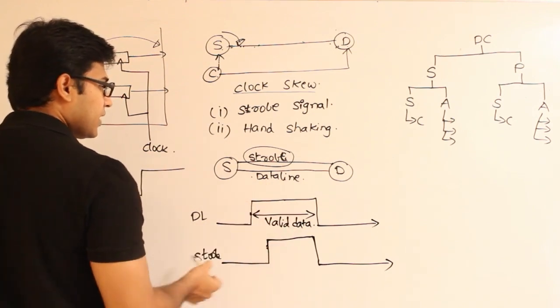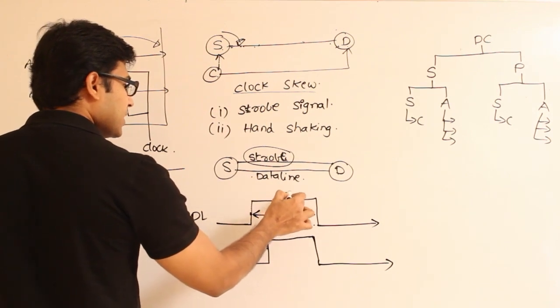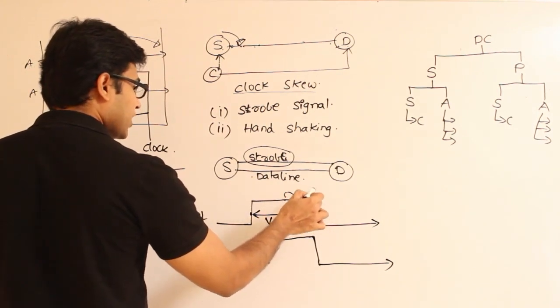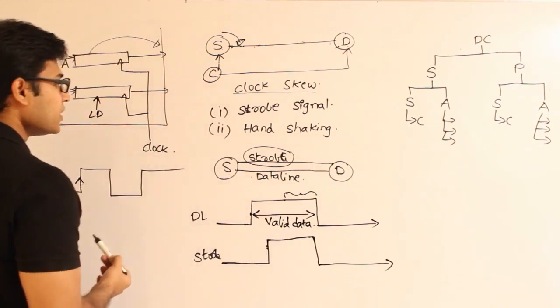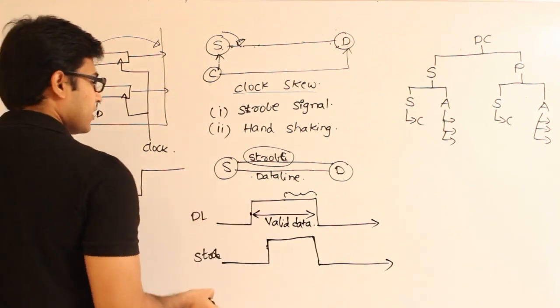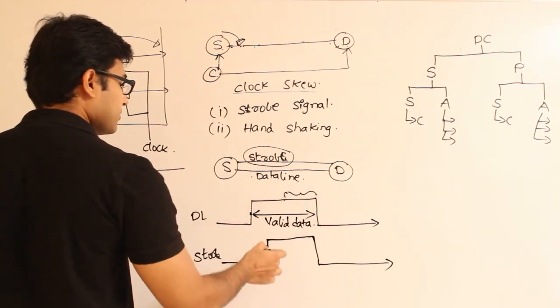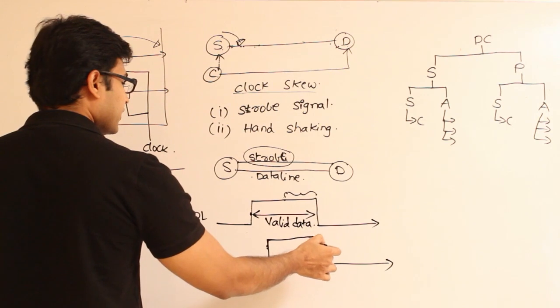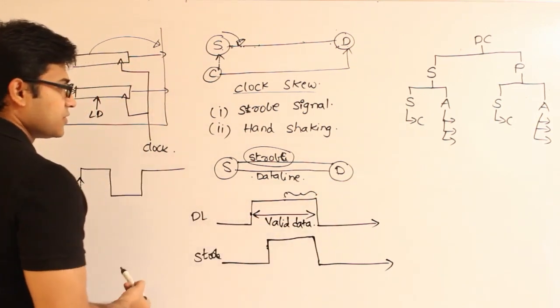Then the source will let the data stay on the data line for at least some time, by which our destination will be able to read the data. Got it? So this is the technique of strobe. We place the data and switch on the strobe, and after some time we pull off all these signals, and then we are ready for the next transmission.